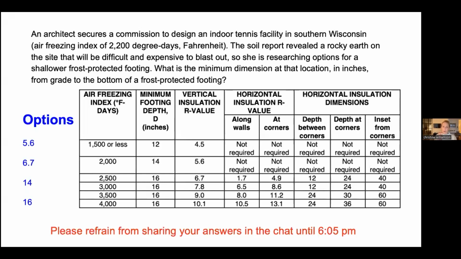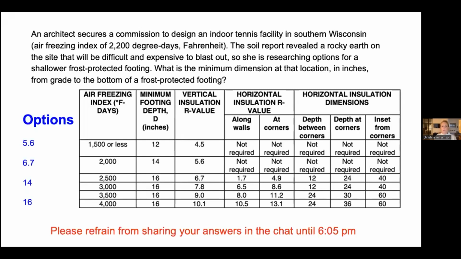The only thing I'd like to say is that, in typical NCARB ARE question style, they give you a little bit more information in the question than is actually relevant. So don't doubt yourselves with that. They've given us some information about the 2200 degree days Fahrenheit, which is not relevant to this particular question.